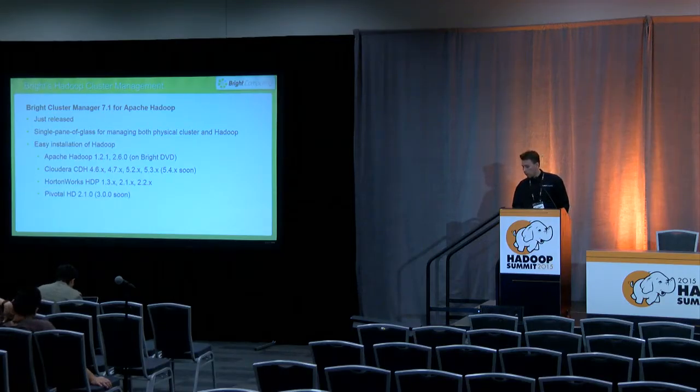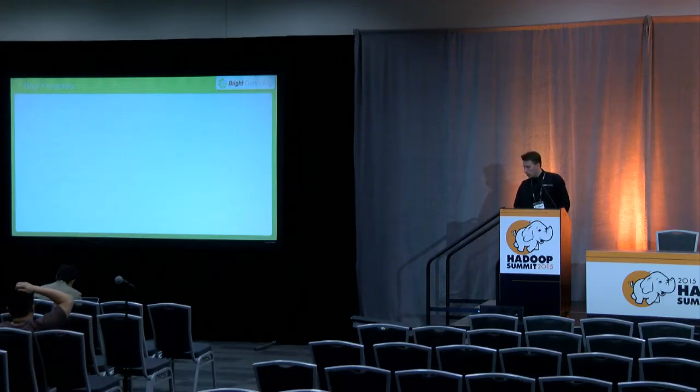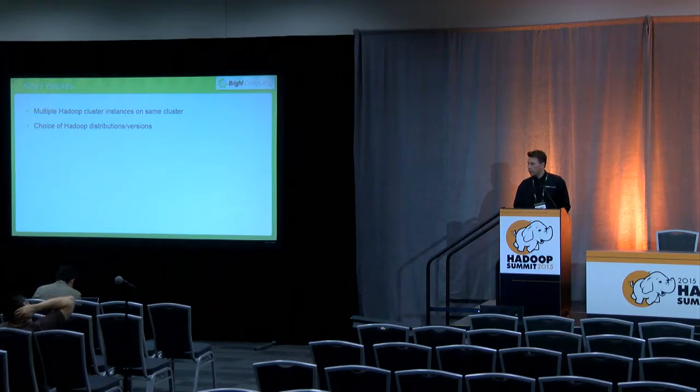It's all the major ones. We provide configuration, monitoring and health alerting abilities for the Hadoop instance, as well as your physical cluster. Within one cluster, you can create several Hadoop clusters, and of course they might be different Hadoop distributions and versions.